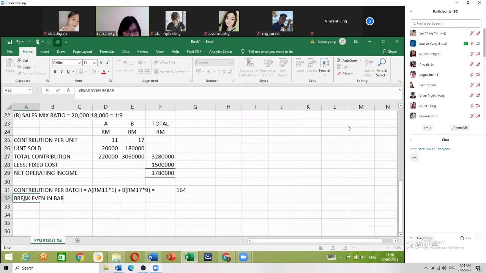Okay, so after that calculate your break even in batches. Okay, so use your fixed cost 1.5 million divided by 164. Okay, so 1,500 thousand divided by 164.